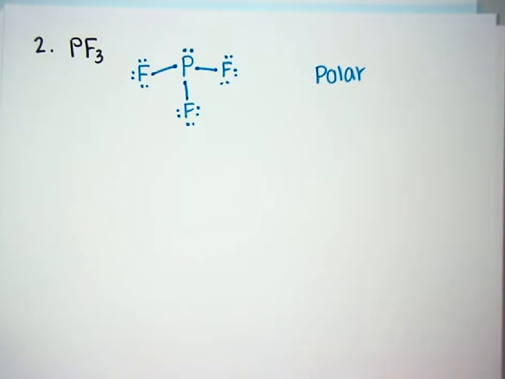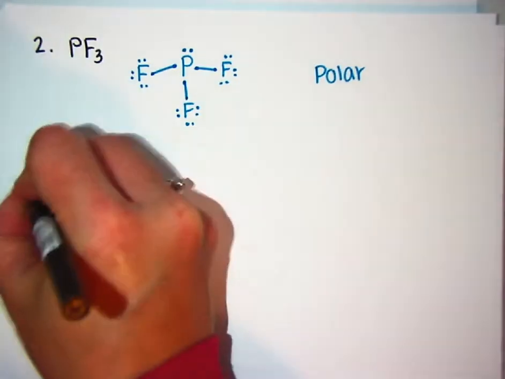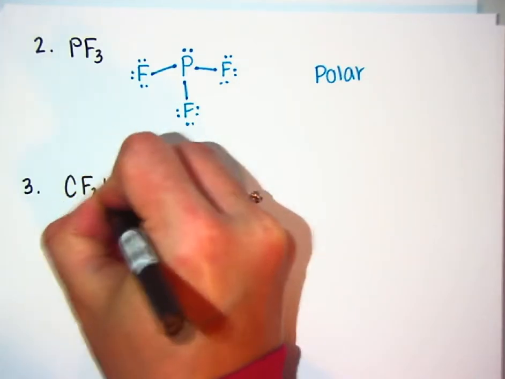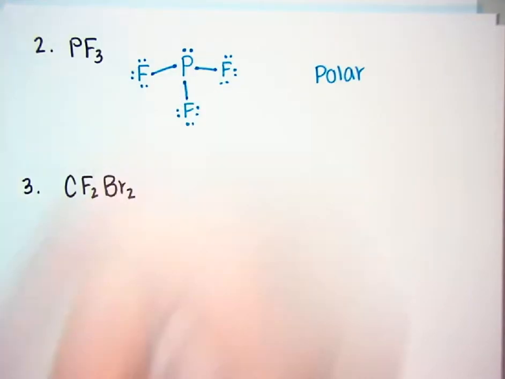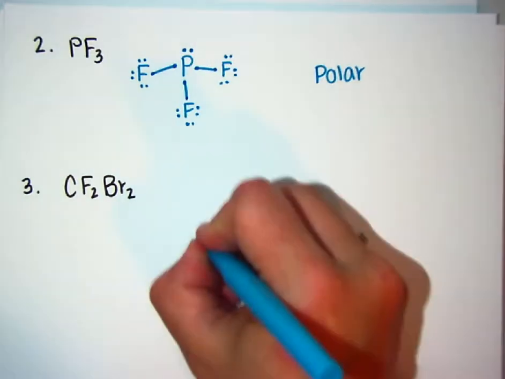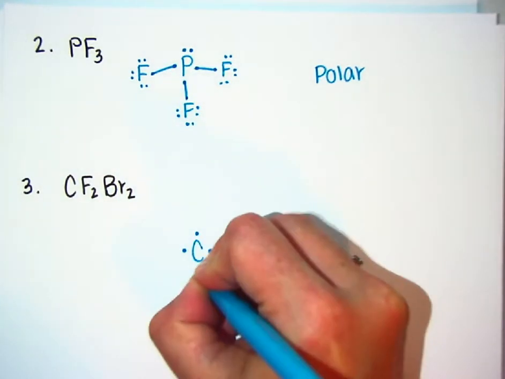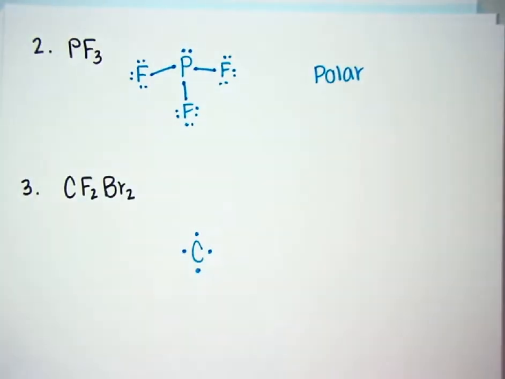Let's do 2 more. So I have carbon with 2 fluorines attached and 2 bromines attached. Carbon will go in the middle. Carbon has 4 valence electrons.